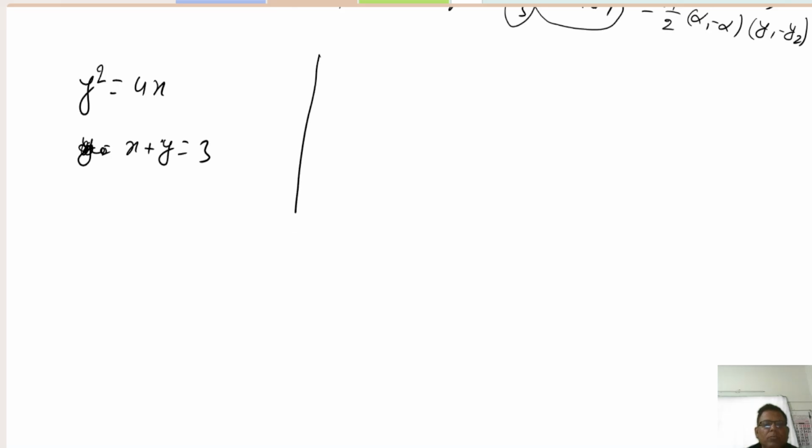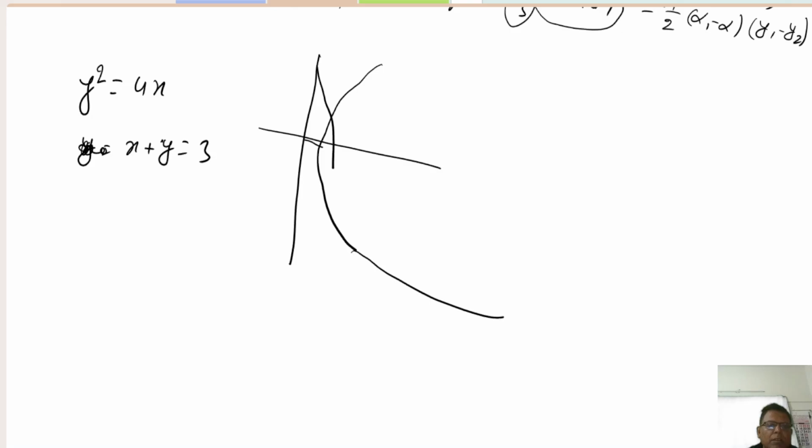So suppose this is the parabola, y square is equal to 4x, and here x plus y is equal to 3.